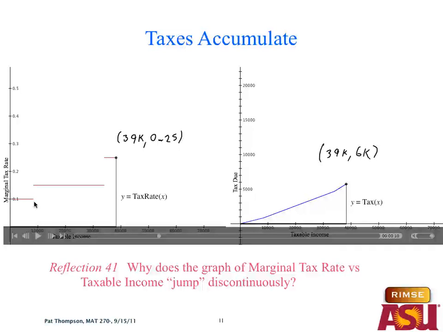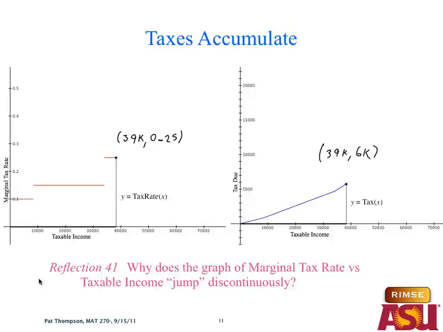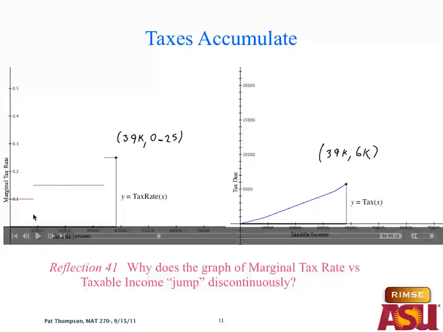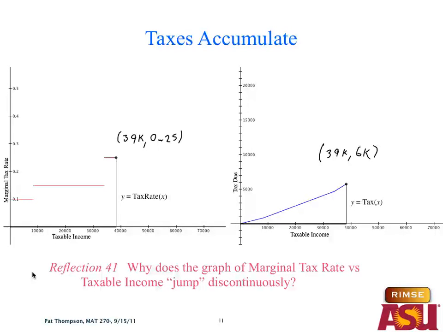What did we say that was? 8,370. So on the $8,369 you pay which rate? 10%. And then on the $8,371st dollar, suddenly you pay 15% on that. So there's a jump because there comes a point where on the next dollar you're suddenly charged a higher rate.